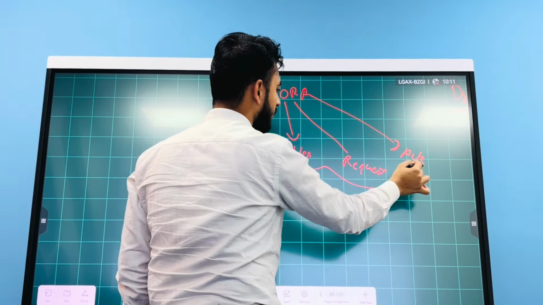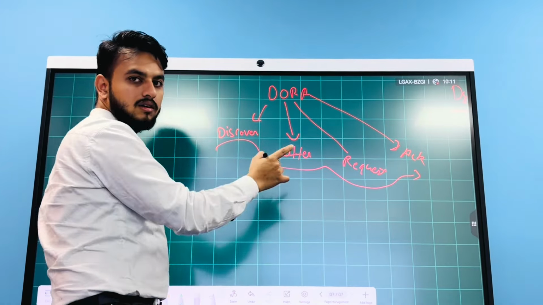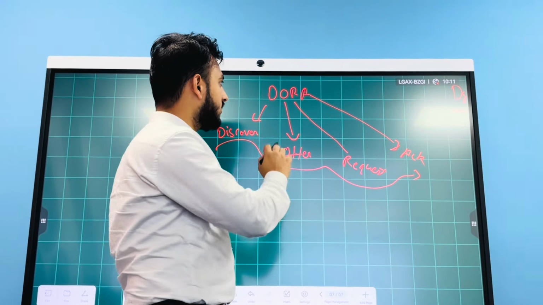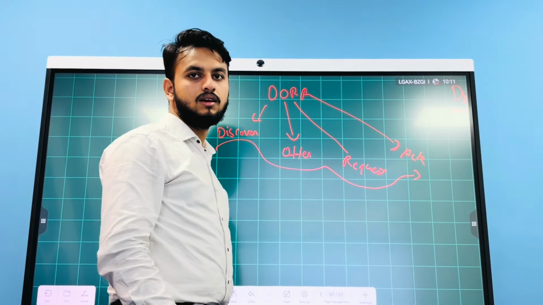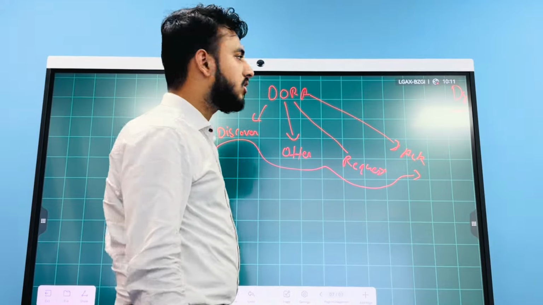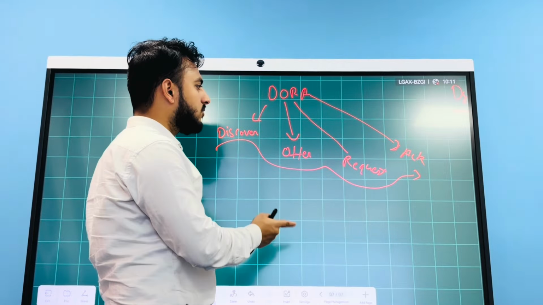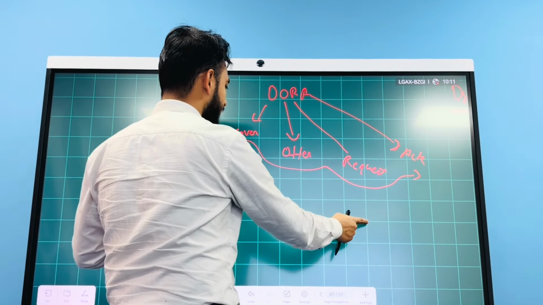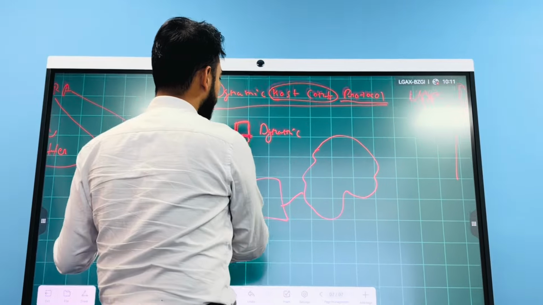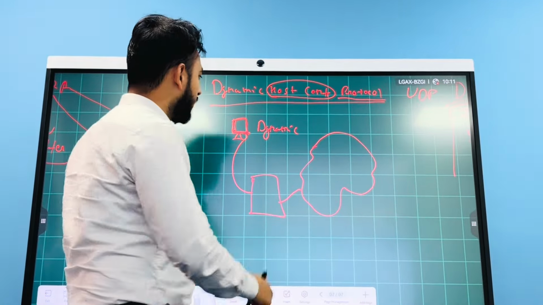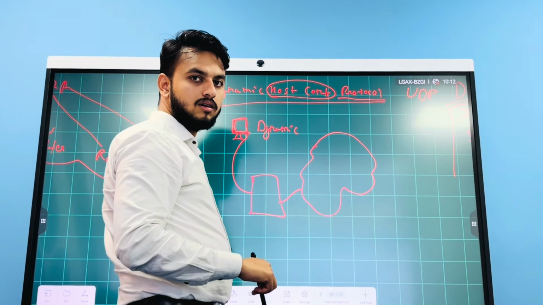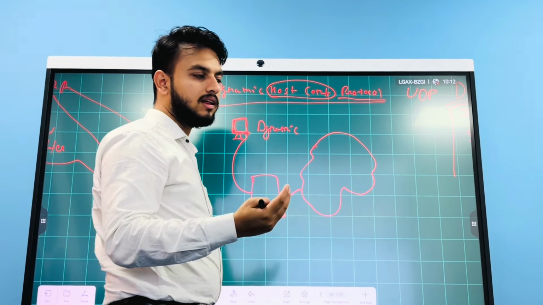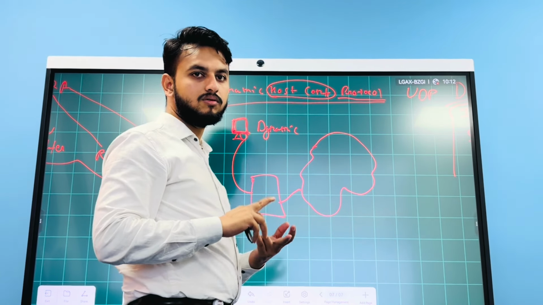Okay, this is the process of DORA, which is the most crucial question you will be asked if you are applying for an entry level job in networking. What is DORA process? So DORA process is, when we turn on the dynamic mode, the PC will scream or do a broadcast. You know broadcast. There are three types of cast.